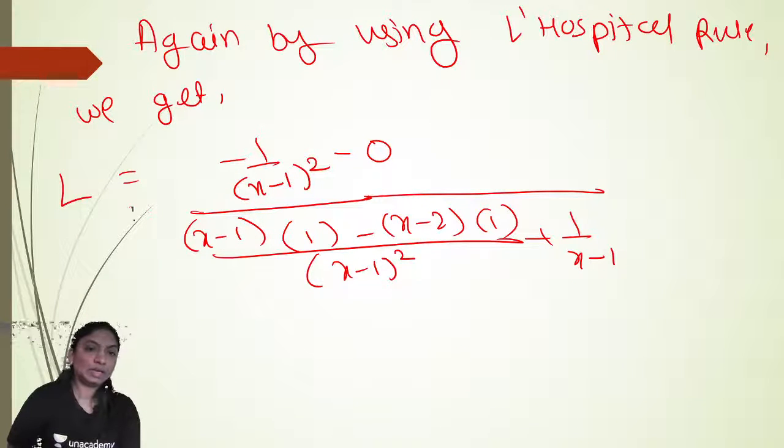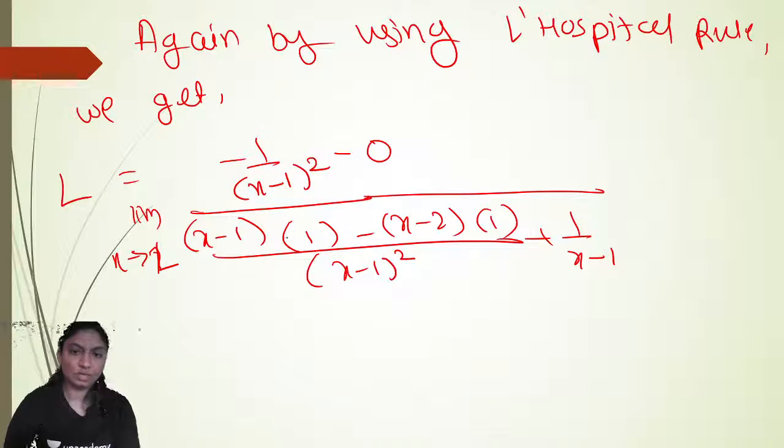So the limit as x tends to 2. Now put x tends to 2. The x minus 1 terms cancel out.